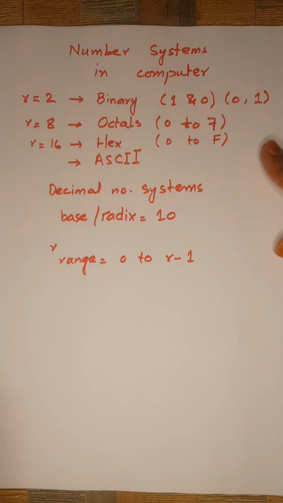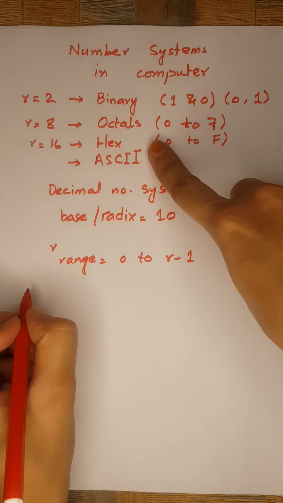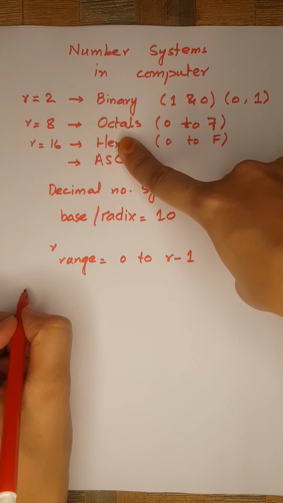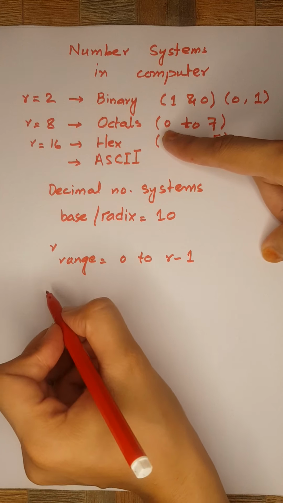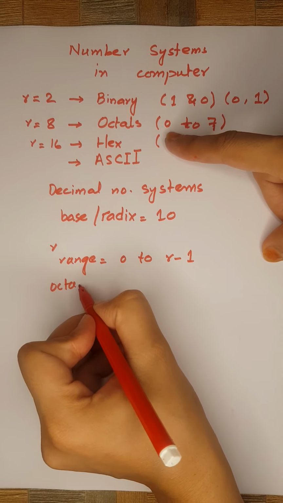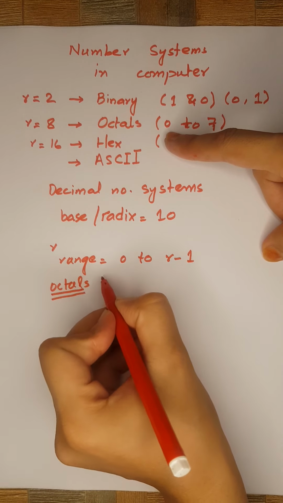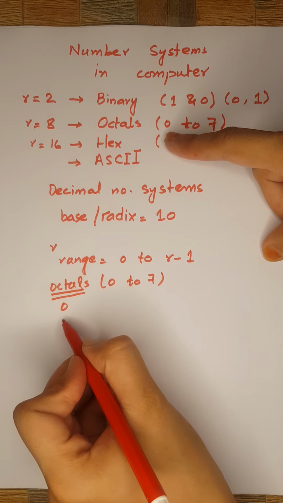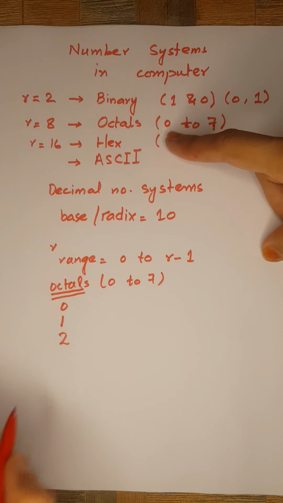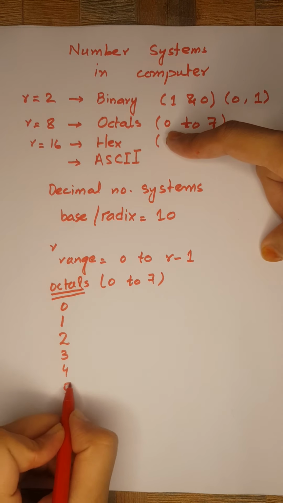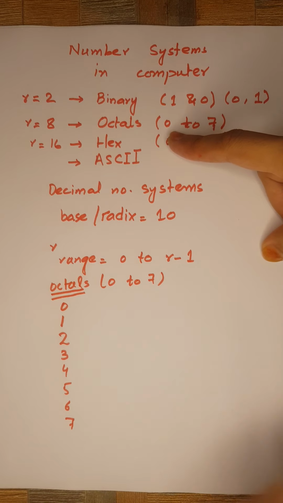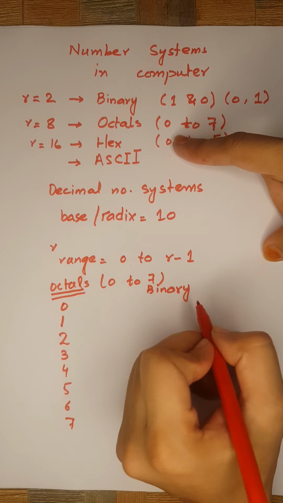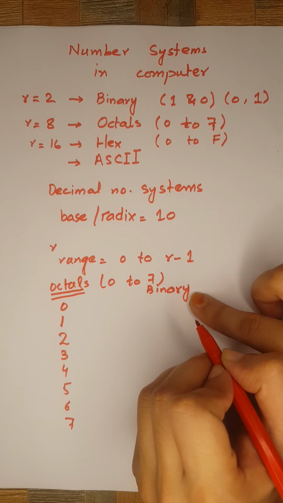Now let's have a look at these number systems in the form of their binary code. Let's say in case of the octal numbers we have the range of numbers from 0 to 7. We can write it separated as 0 1 2 3 4 5 6 and then 7. In binary, how many bits are required for representing a number?